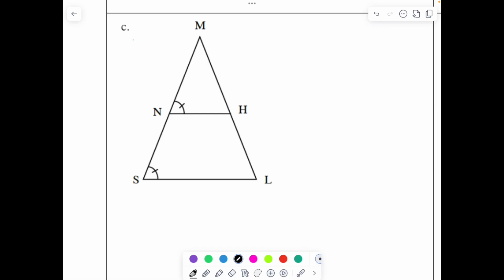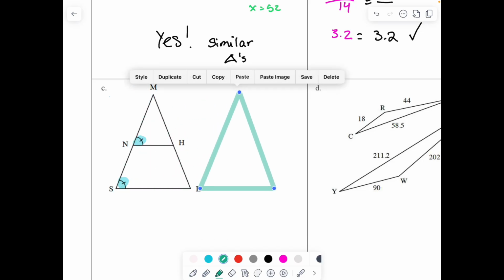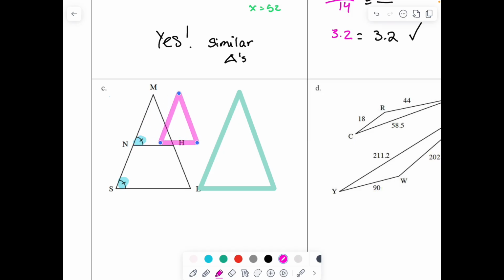All right, this triangle right here, now this one's kind of tricky because we do see that we have two angles that are the same. Because we don't have any sides, we'd be hoping that we have another pair of angles that are the same. I don't currently see any, but maybe we have to look a little bit harder. We have this first triangle, the big one, and then this second triangle, the small one that's inside of it.